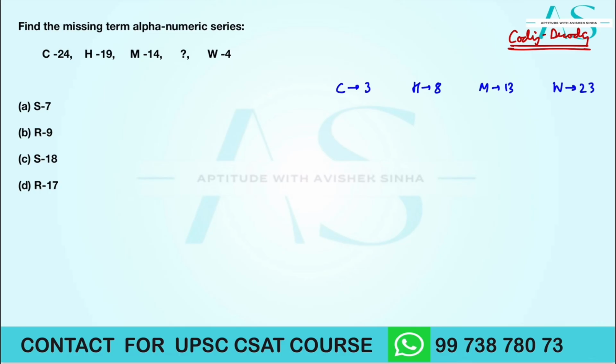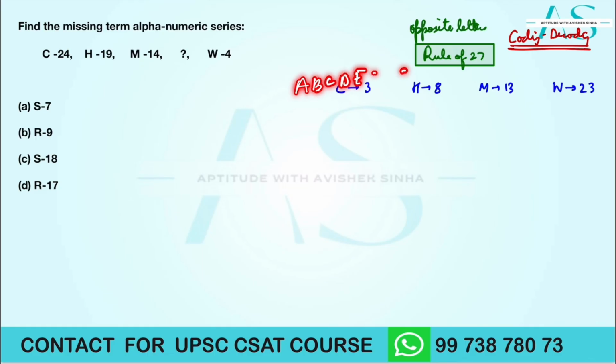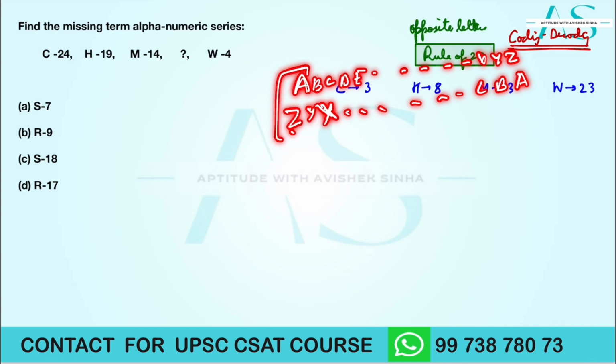We have a rule which says rule of 27, and this rule is for opposite letters or letters in reverse. If you write A, B, C, D, E, F going up to X, Y, Z, and then you reverse the order, so here you'll have X, Y, and Z. So A and Z are opposites, B and Y are opposite.